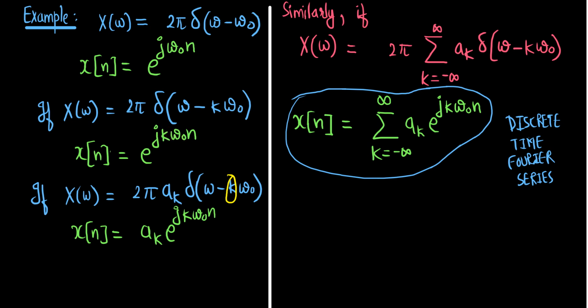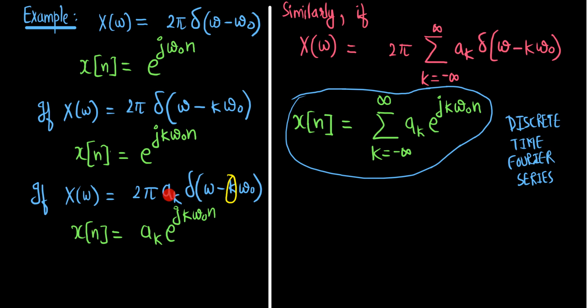And similarly, if we take 2 pi times some scalar, that can again be a complex number, so 2 pi times some scalar a_k times delta of omega minus k omega naught, that shifted version of the impulse is going to get reflected in the time domain as an exponential factor.